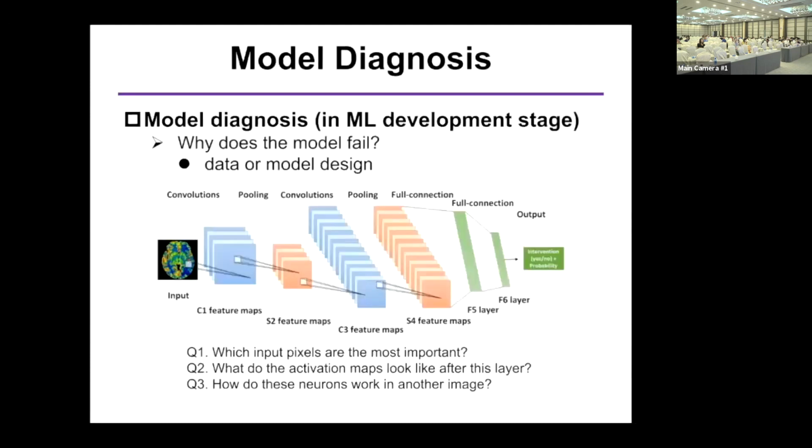And then we come to the model diagnosis. So during model development, there may be some failures. So we should know why the model fails. Is it because of the data or because of the model? So there may be some questions like which input pixels are the most important and how does the neural network work?